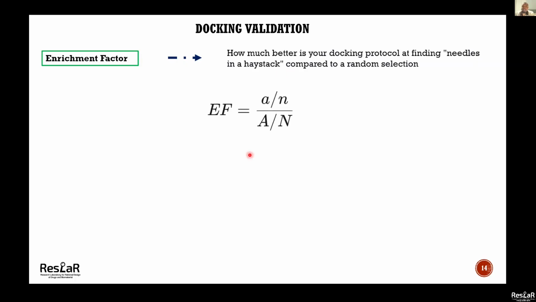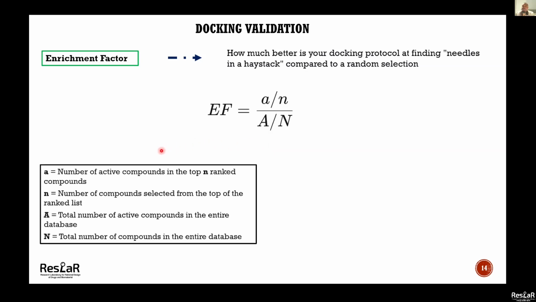So this is the enrichment factor, and this is the formula for it. If we perform docking or virtual screening, you rank them based on, let's say, their docking score or whatever scoring algorithm you are using, and let's say you select the top 10% from that result. A represents the number of active compounds in that top 10%.